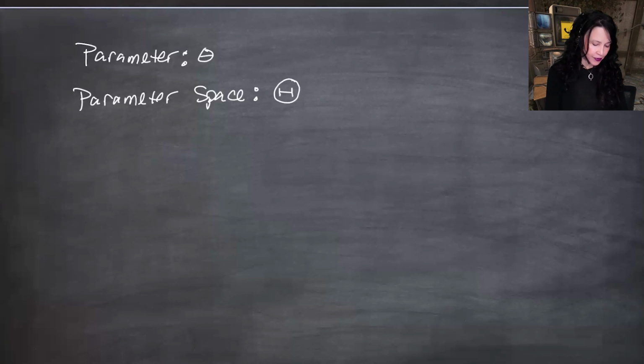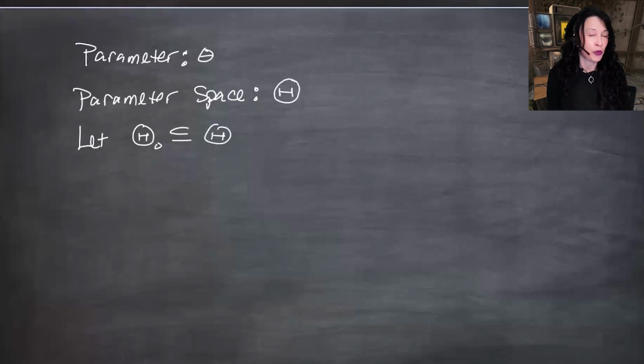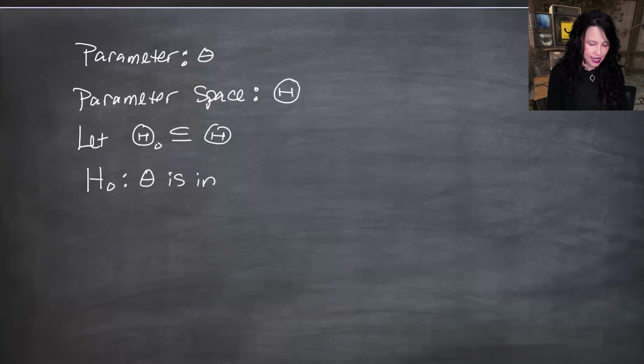And then we're going to let this capital theta naught be some kind of subset of the parameter space. And it could be a very weird subset. It doesn't have to be an interval or anything involving a less than. And our null hypothesis is going to be that theta is in this subset versus the alternative that theta is in the rest of the space.